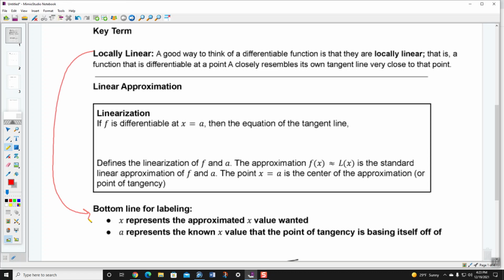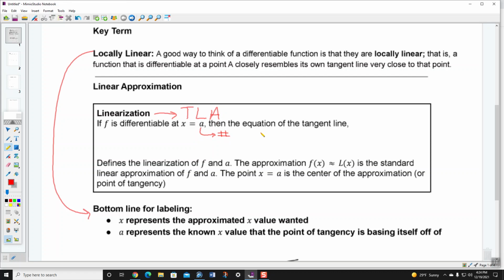So linear approximation has this formula. Using linearization, or sometimes I like to write TLA for tangent line approximation, the following is true. If f is differentiable at x equal a, so in other words, some value a is some number, then the equation of the tangent line is the following.